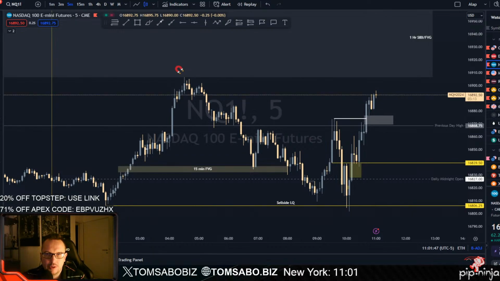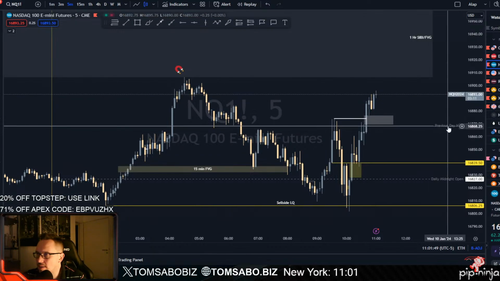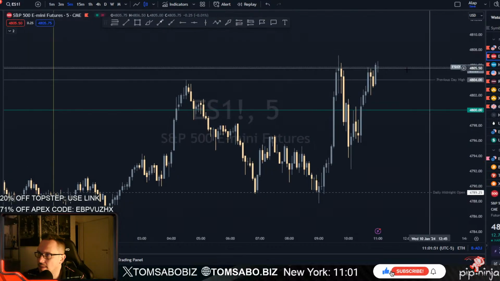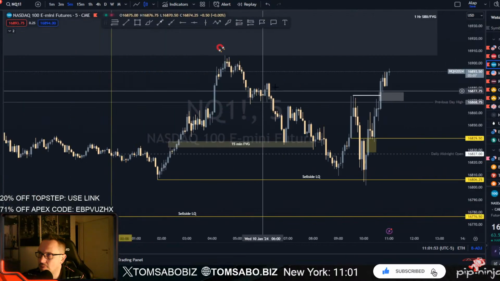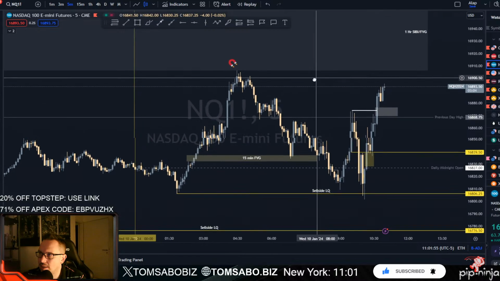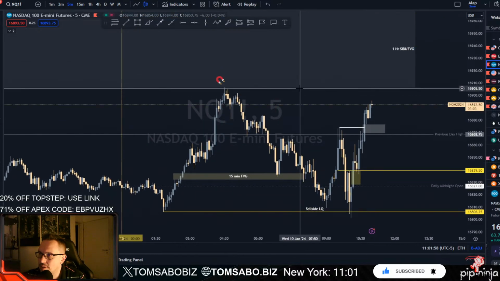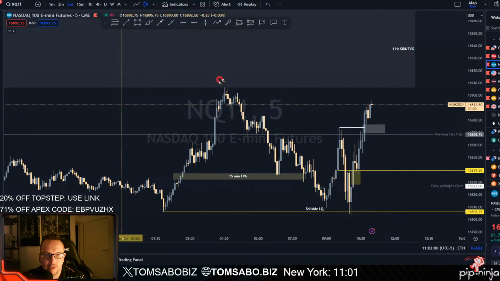Okay, limit order has not been triggered yet. It's edging higher as ES is fighting as well to climb higher. It's gonna take out the London high, guys. And it's not too far from it, to be honest.